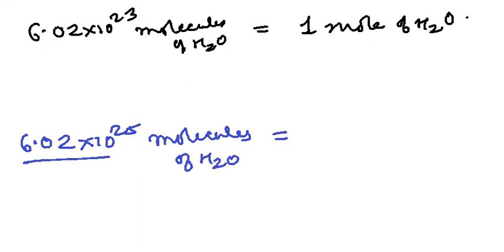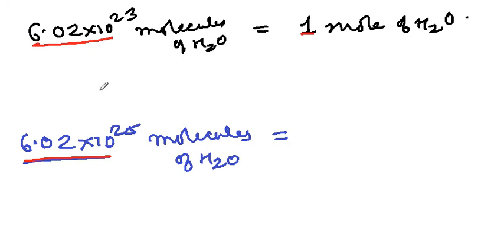Now if we think of it this way, just like the earlier case, 6.02 into 10 to the power of 23 chocolates cost us 1 rupee. So what will be the price for 6.02 into 10 to the power of 25 chocolates? It's very simple.